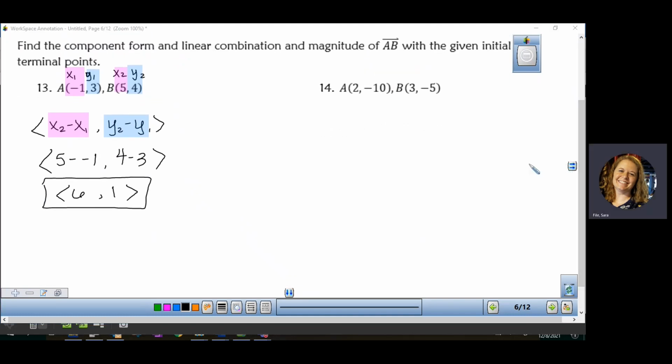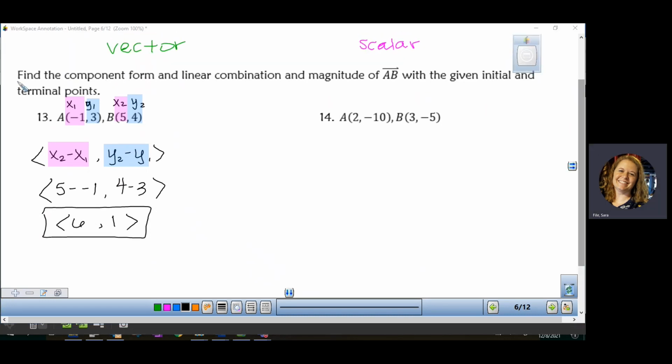Now linear combination. I'm actually going to write this above the instructions here. Component form is when we do those pointed brackets. So we have a, b. A is the horizontal component, b is the vertical component. Linear combination is a i plus b j. I and j are the standard unit vectors.